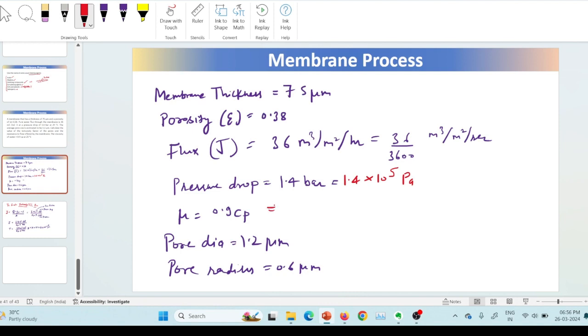And this also we have to convert. Mu is the viscosity. That will convert by multiplying 0.9 into 10 to the power minus 4 kg per meter second. So this is nothing but Pascal second or Newton second per meter square.